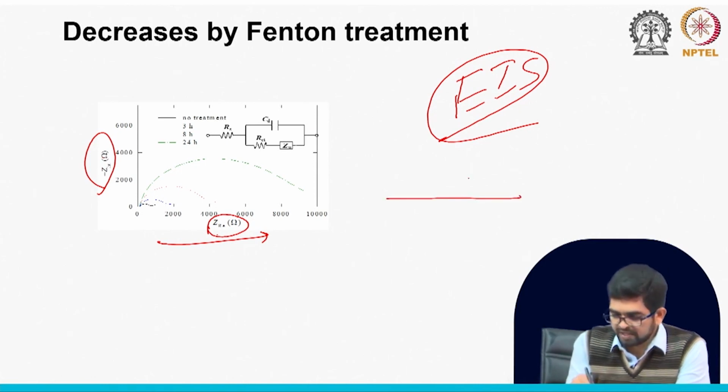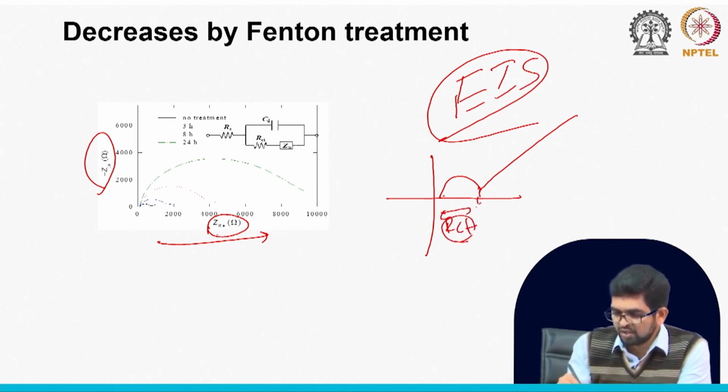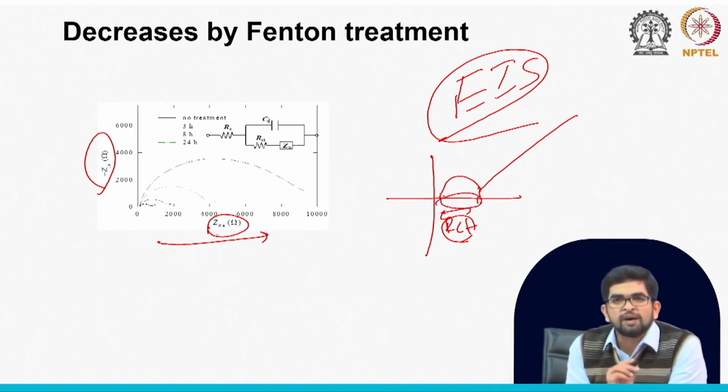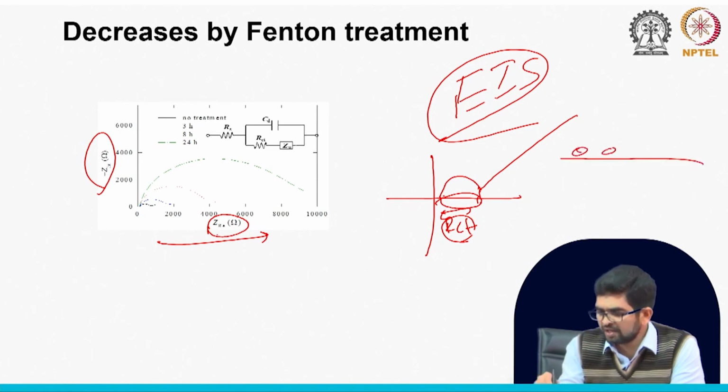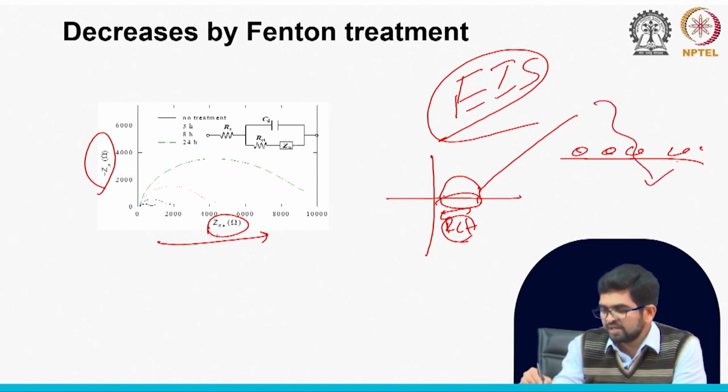This semicircle is the RCT, the charge transfer resistance. Based on this value we can measure the electron transfer rate. So you have the gold nanoparticles on the surface just after synthesis, and you can then immediately measure the electron transfer rate on the surface after the Fenton treatment.